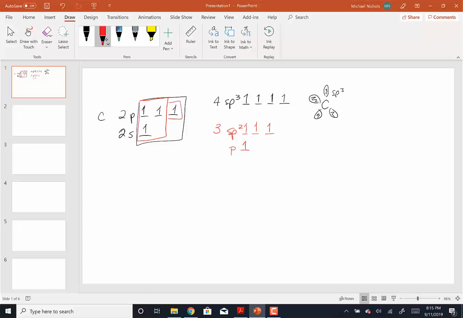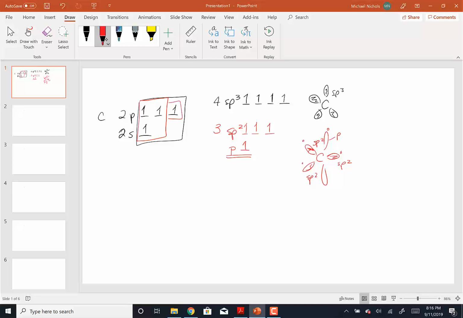And so the geometry is built by saying, okay, we've got a carbon, we have 3 hybridized orbitals, so the sp2, another sp2, and a third sp2. We still have this unhybridized p, and where does it go? It goes in the space that's not occupied, so it goes in the unhybridized p, and then every single orbital gets an unpaired electron.